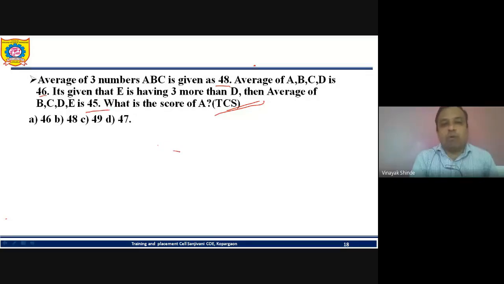Then what is the score of A? This question is asked in TCS. Now, you only need to write the mathematical statement for the given problem statement, one by one. You can simplify it and you'll get the correct answer.